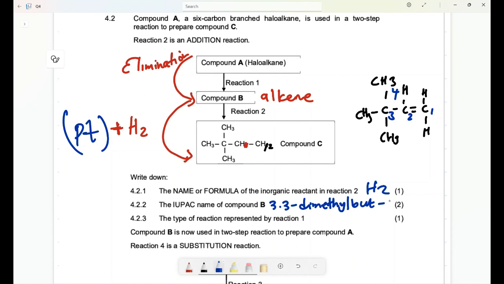Position of the functional group, then functional group, it is ene. Sorry, it is not carbon number 2, it is 1. If it is between number 1 and 2, we take the least number, which is 1. So 3,3-dimethylbut-1-ene. Okay, the type of reaction represented by reaction 1: it is elimination. I've explained why.